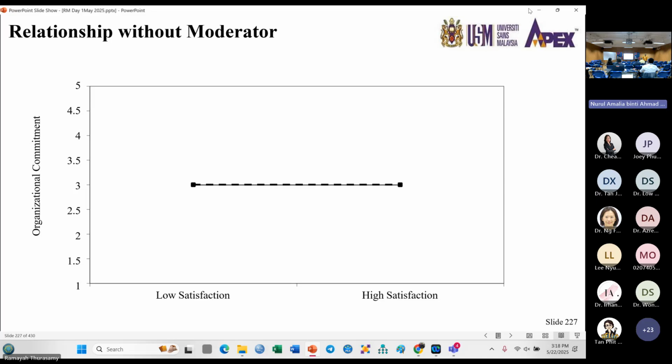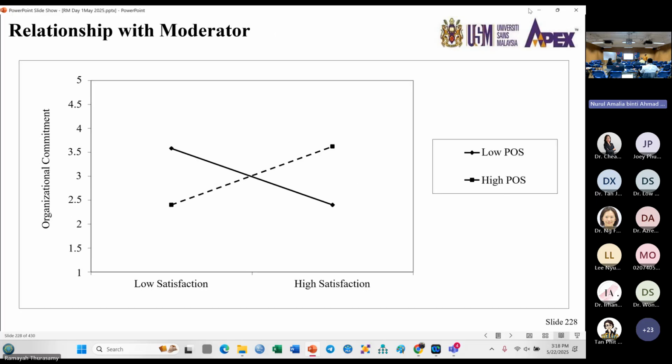So this is where you are saying maybe there are some groups in the data. So we now introduce a moderator called perceived organizational support. Now you see the relationship changes from a flat line to positive and negative. This is what is meant by changing the direction.